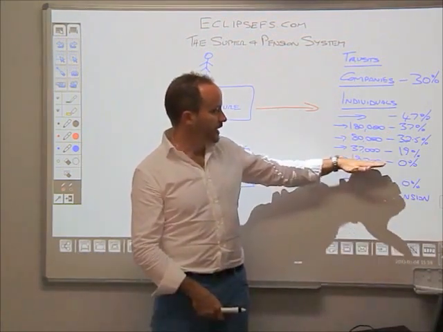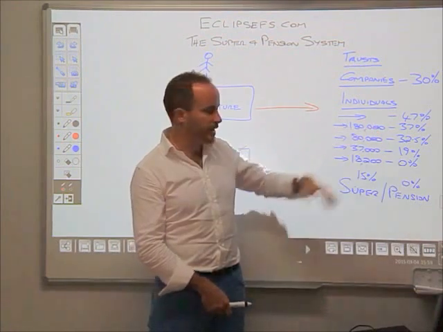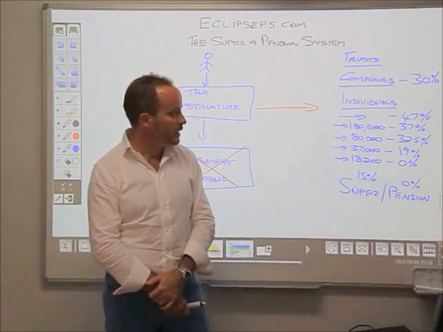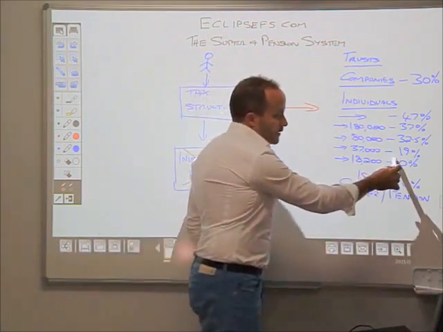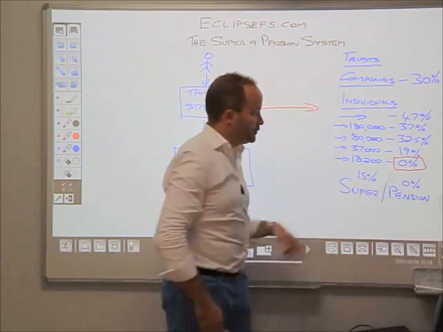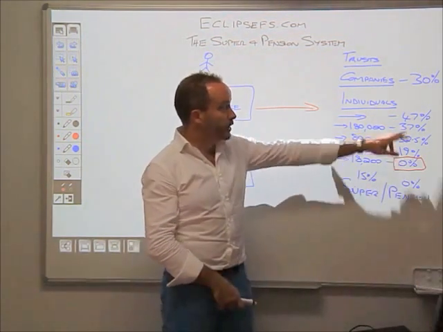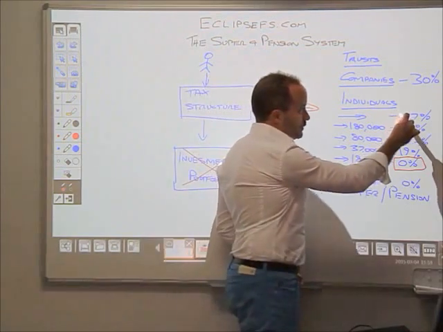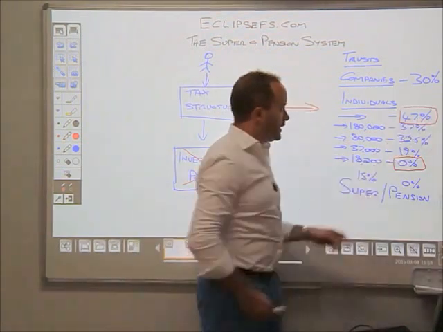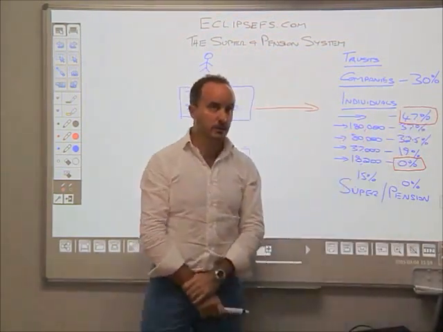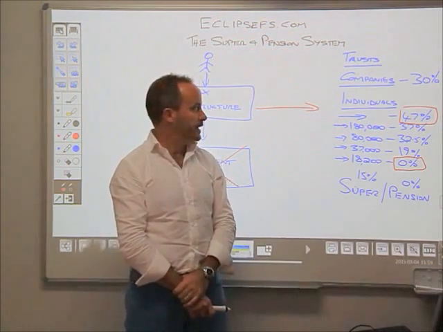And you still get the advantage of the lower brackets even if your income falls into one of the higher ones. So your individual rate can be as low as nothing if your taxable income is less than $18,200, or it can be as high as 47 cents in the dollar on the portion of your income that's over $180,000 for the year, if you're lucky enough to be earning that sort of income.